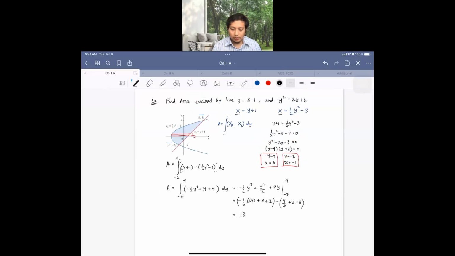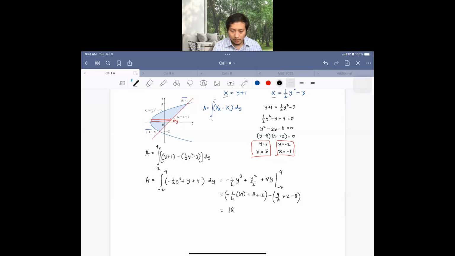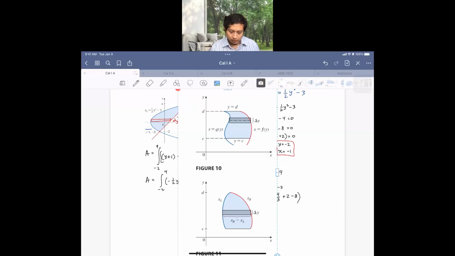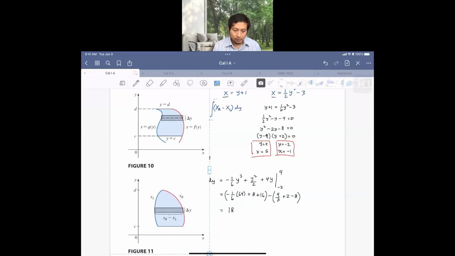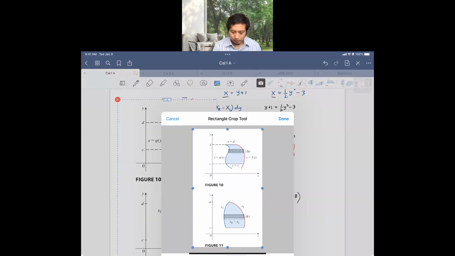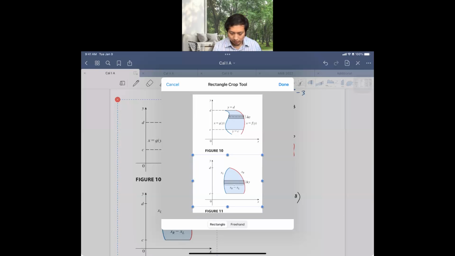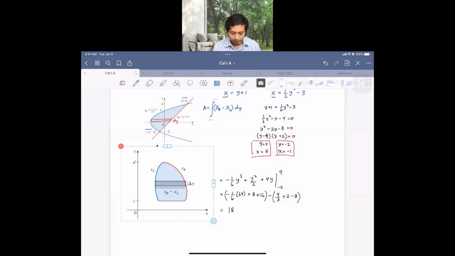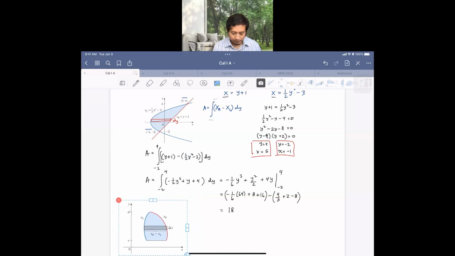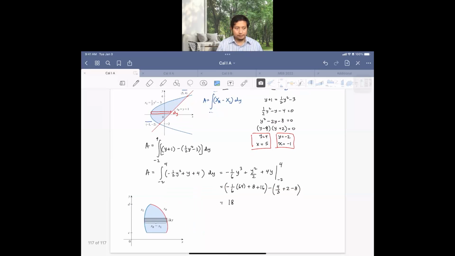To give you a clearer idea, maybe I'll give you this. Let me crop this here. Okay. Just to give you an idea that the area in general is the integral from c to d of xr minus xl dy.